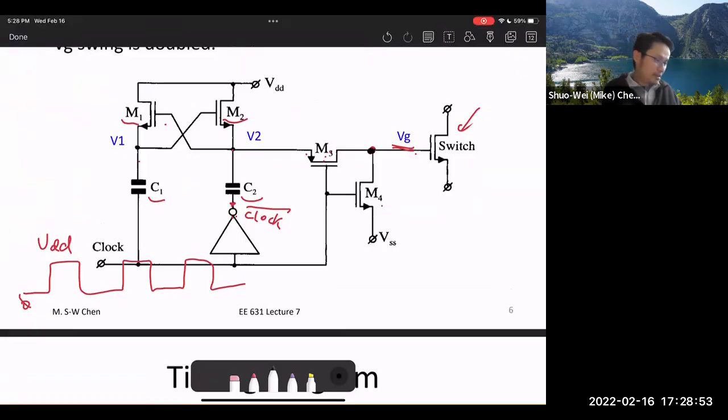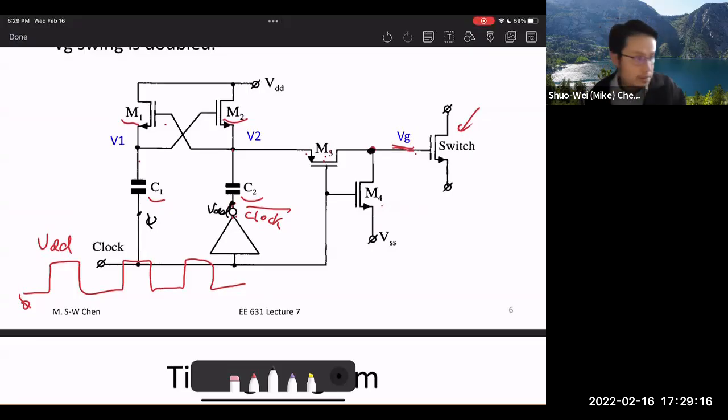So how does this work, right? In the beginning, when the clock is low, then this clock bar will be high, right? If this is 0, then this is high, this VDD. And for now, I'm going to assume there's no initial charge on C1 and C2, right?